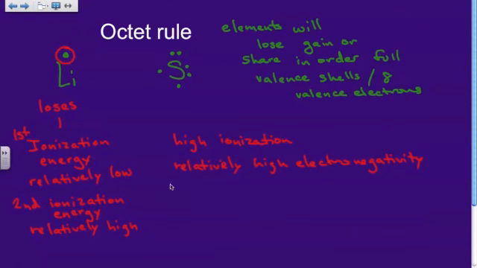So it prefers to gain 2 electrons, and has a 2 negative charge.